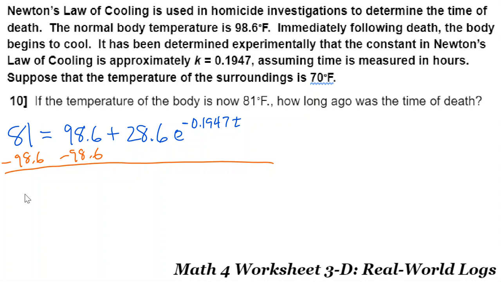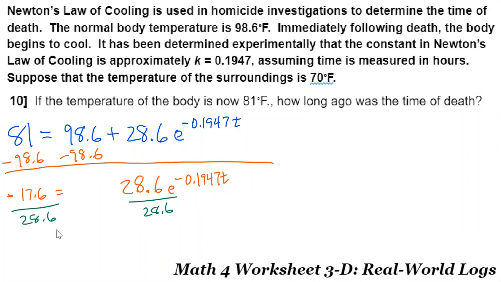We're going to wind up with negative 17.6. And then we're going to divide both sides by 28.6. 17.6 divided by 28.6 is going to give us about 0.615.